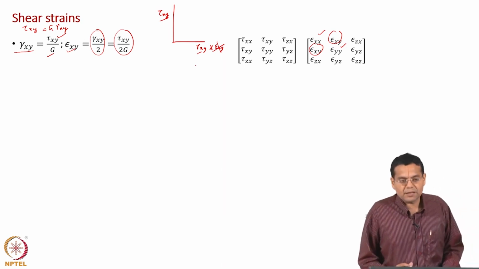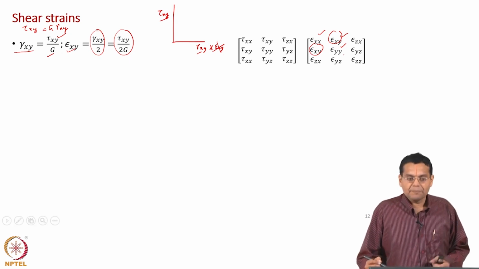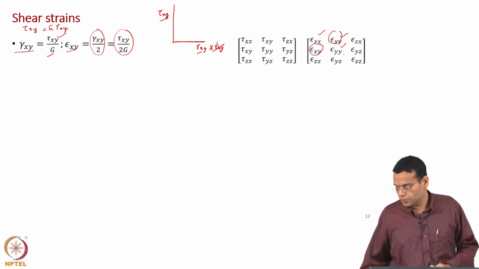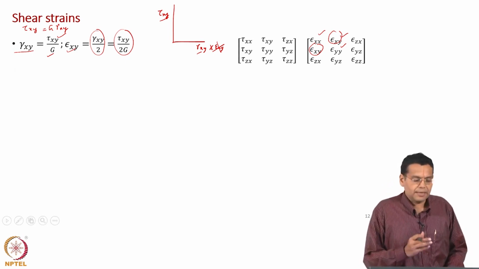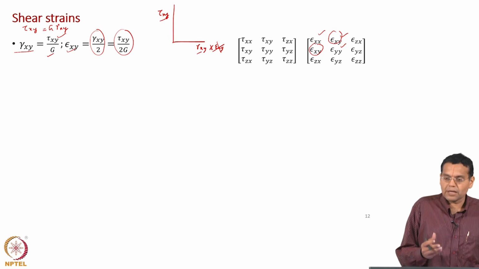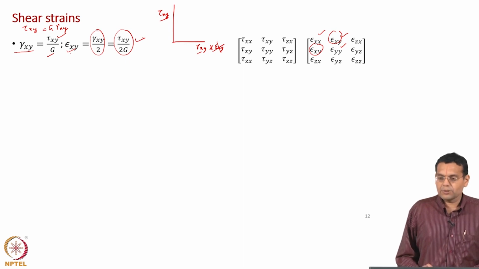Why are we interested in epsilon xy? Because that is the component which appears in the strain tensor, and epsilon xy is related to gamma xy as epsilon xy equals gamma xy by 2. So, we can relate epsilon xy and tau xy also, which is tau xy by 2G.